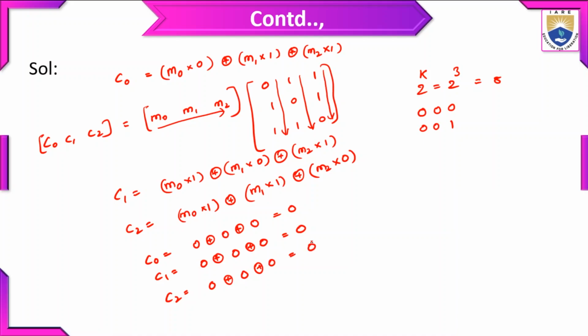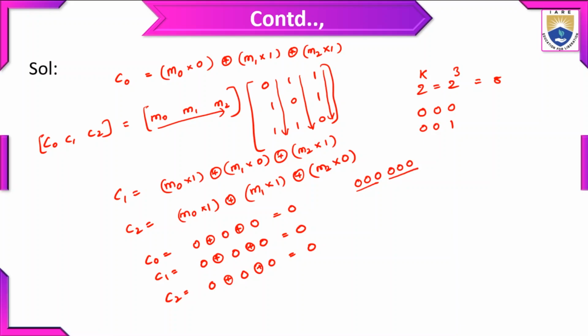So for the first message, the parity bits are also zeros. Okay. So you can see 0, 0, 0, 0, 0, 0. The first three are the message and the next three are the parity bits.